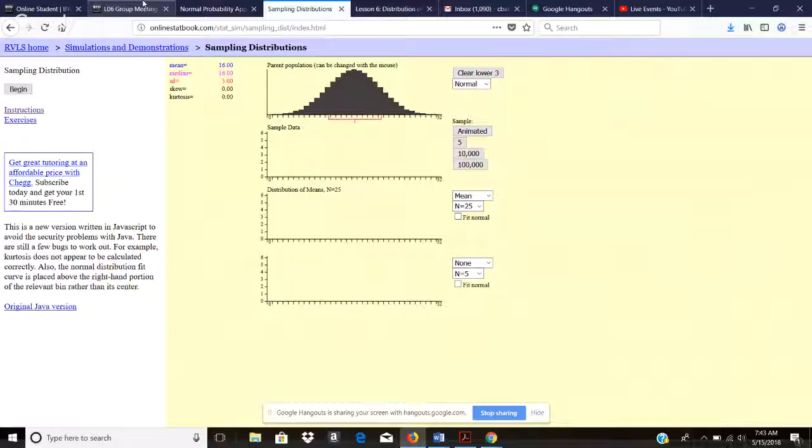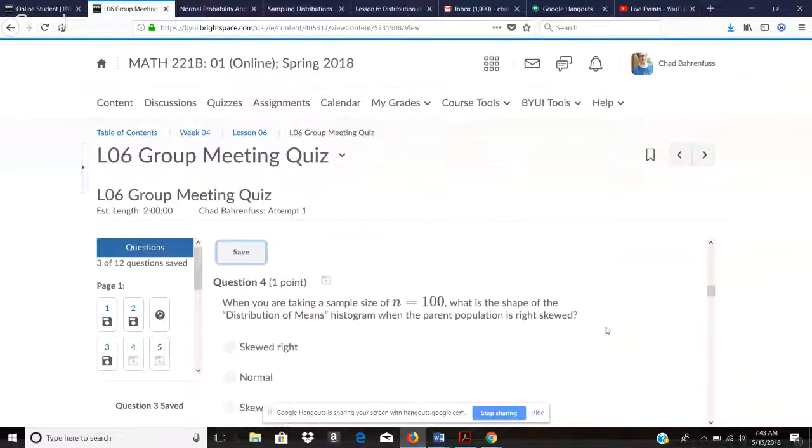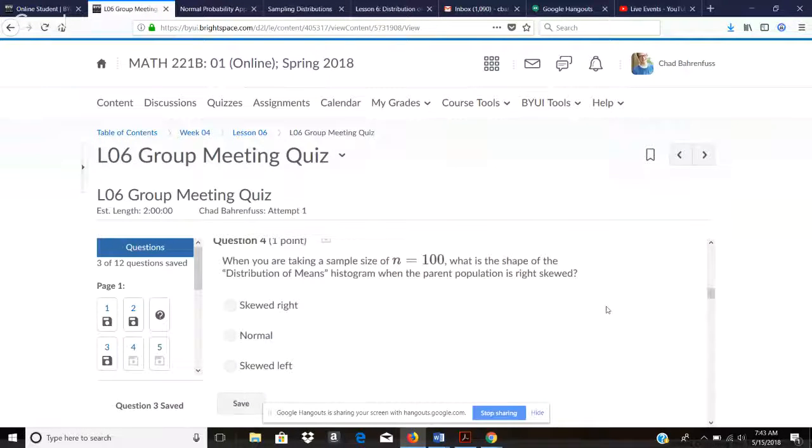Yeah. There's sample size n equals 100. What is the shape of distribution? Means histogram when the parent population is right skewed. See a big number. This is what I learned.